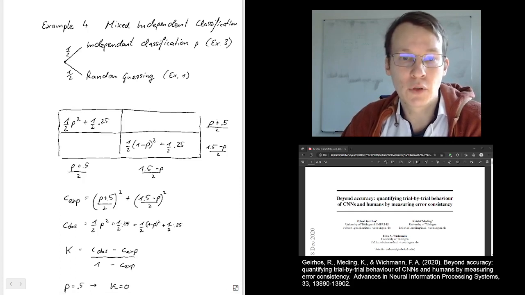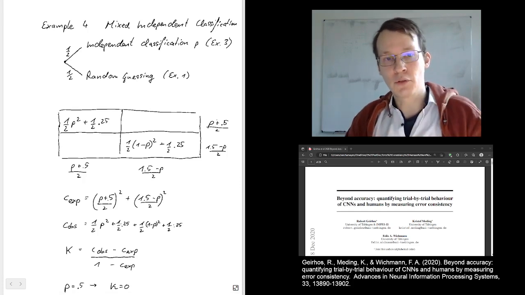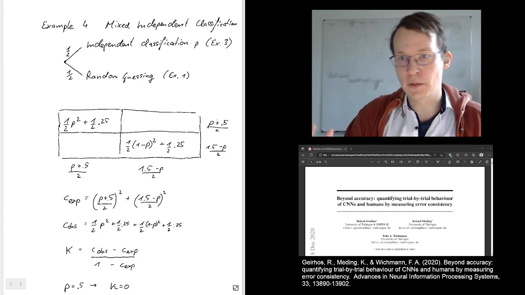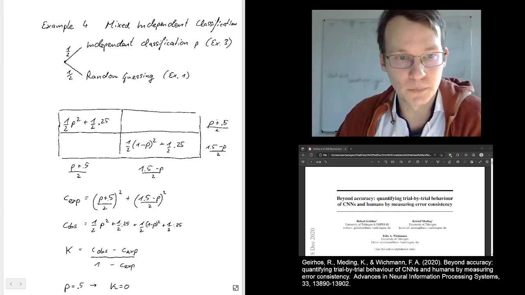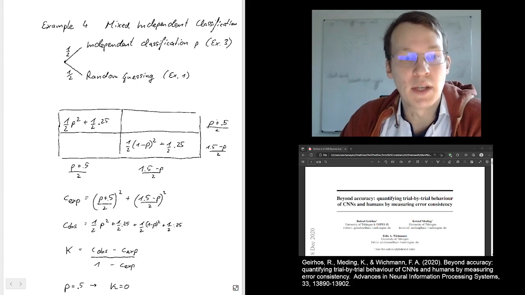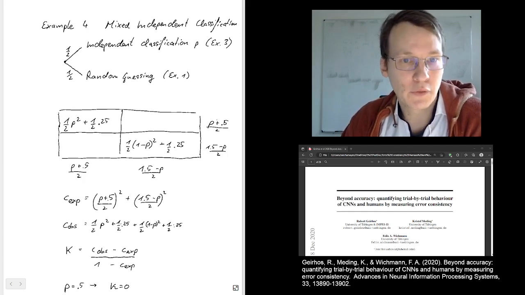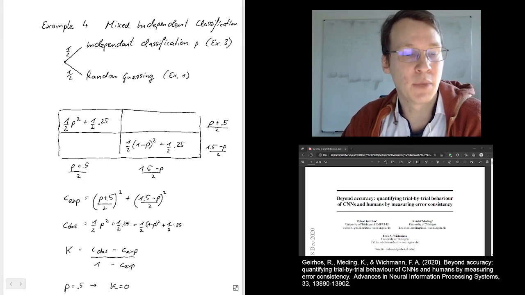The accuracy of the first classifier will then be (P plus 50%) divided by 2. So this is the average. Sometimes they have an accuracy of P, sometimes they have an accuracy of randomly guessing 50%, and that will average to (P plus 0.5) divided by 2. The same accuracy we put for the second classifier, so there it's symmetric.